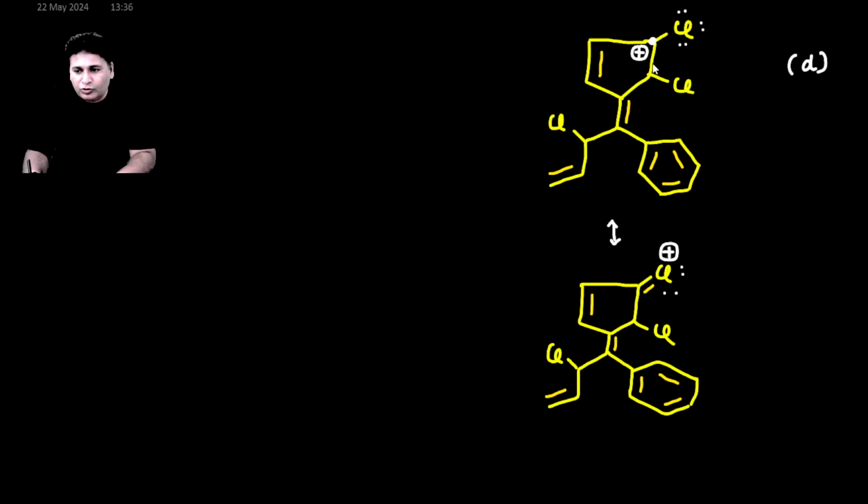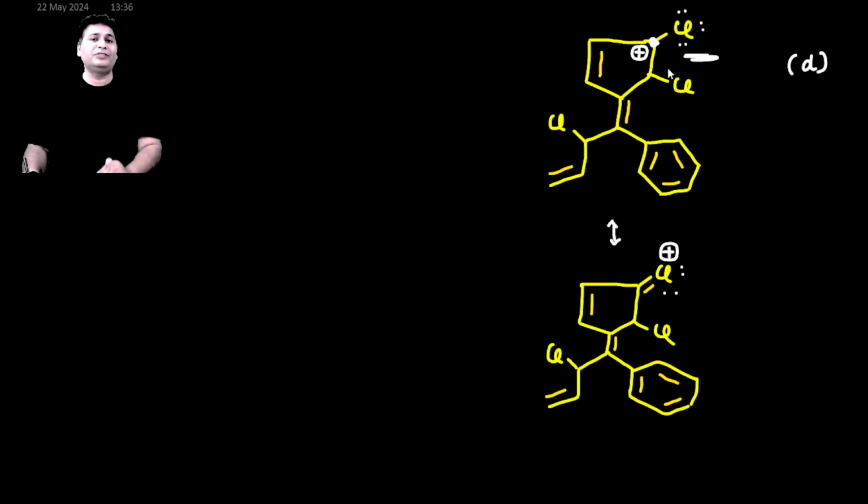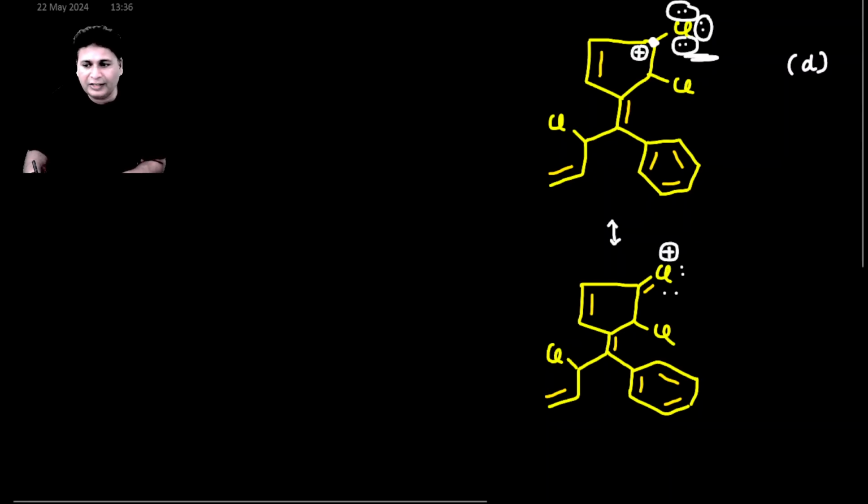Now to this carbon which had the plus charge, Cl is directly attached, and I have told you, if there is a carbocation to which an atom having a lone pair is directly attached, then there is a possibility of resonance. And the same thing is happening with this carbon. This Cl has got 3 lone pairs, and it can give one of the lone pairs for the sake of resonance, conjugation.